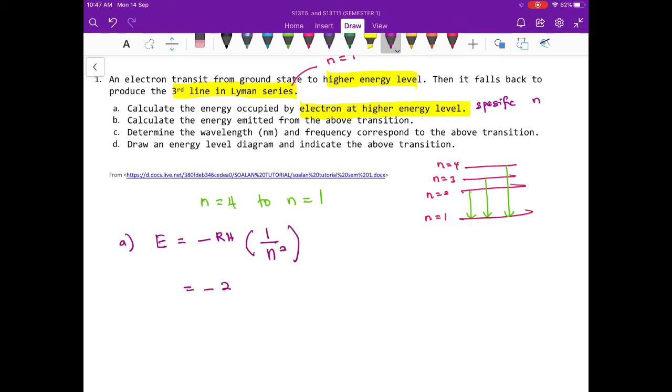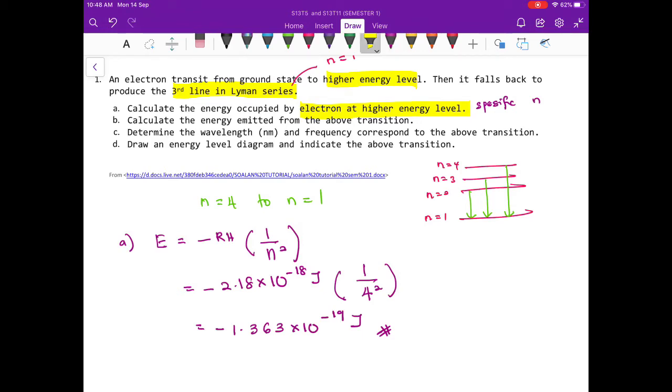So negative 2.18 × 10^-18 joule times 1 over 4 squared. So the answer is negative 1.363 × 10^-19 joule. This is the answer for energy at n equal to 4.